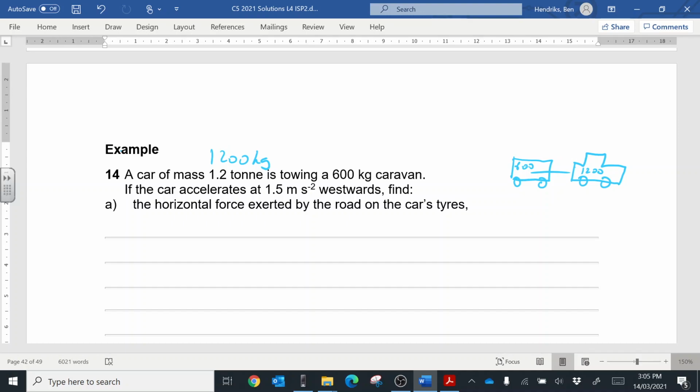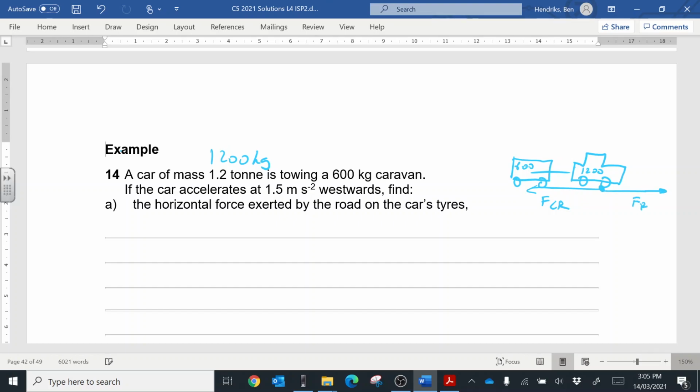So the forces happening here: I'm just going to say it's front wheel drive. So we have the car pushing against the road this way, and we have the road propelling the car.